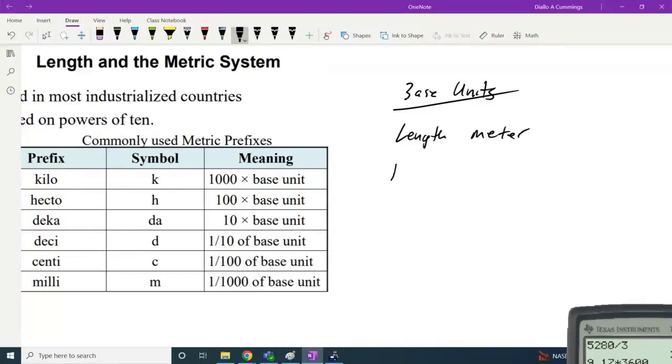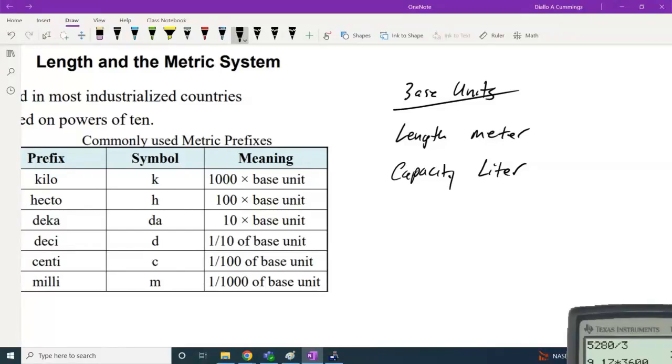For capacity, it is the liter. Capacity is how much water something can hold, like a 2-liter soda.